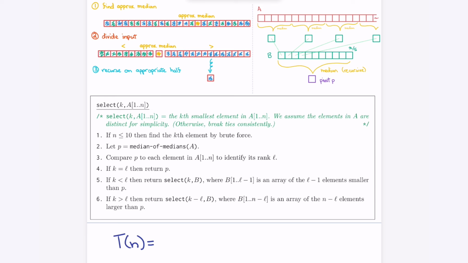Yeah, so now you're guaranteed something between 30 and 70%. So you're always throwing away 30% of the input. So our second recursive call is now 7n over 10. It used to be 9n over 10, plus the big O of n.